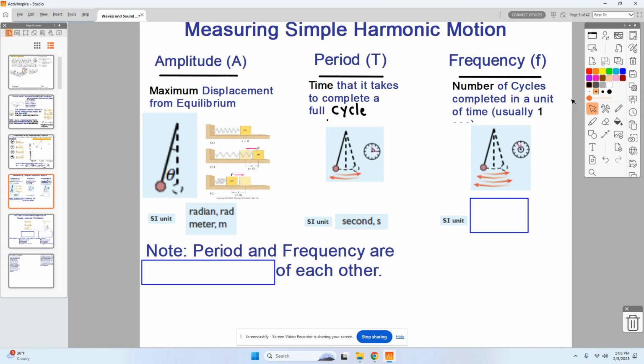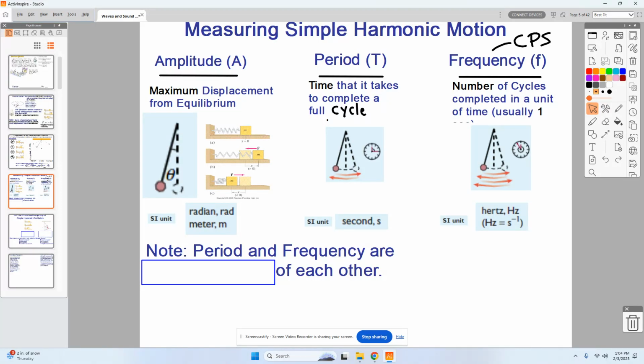256 cycles per second. So we'll often say CPS is cycles per second, which is the hertz. Hertz is the symbol that we would use for that. So we would say that that tuning fork has a frequency of 256 hertz. Now, the hertz is technically an inverse second.